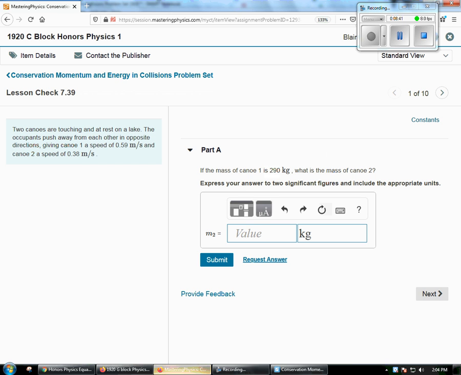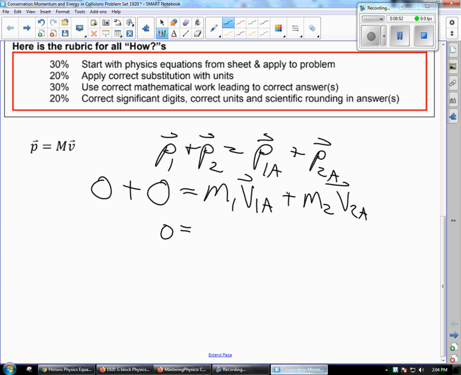Canoe 1 has a speed of 0.59 meters per second. And I'm going to assume that in my drawing I put that way, and 290 kilograms. So 290 kilograms, nice units for me. 0.59, I think it was.